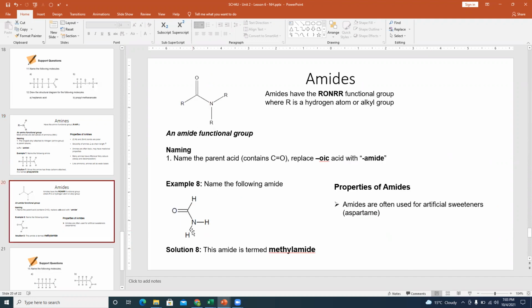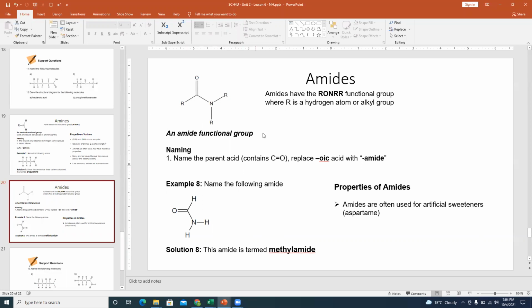Now, finally, amides. So amides have this sort of functional group, where the R is a hydrogen atom or an alkyl group. So this is an amide functional group. You see there is some part of the amide, the group continues this way, and then you have a CON, and then there could be more H's or longer chains continuing this way, and these are amides.